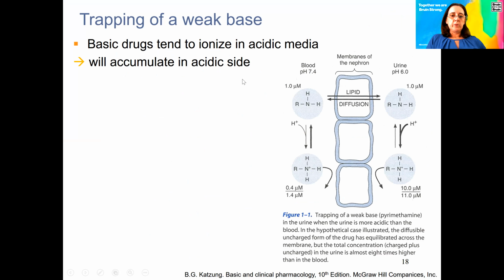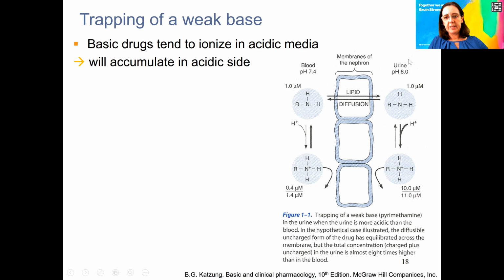Here, what I want to say is, you see the blood is about 7.4 and the urine is 6. And if you give vitamin C, which is going to make the urine even more acidic, what's going to happen with that basic drug? You see that when the basic drug is at a more basic pH, like 7.4, the arrow is in favor of the non-ionized form. And the non-ionized form is going to cross the membrane once you get to the urine, which has a more acidic pH.